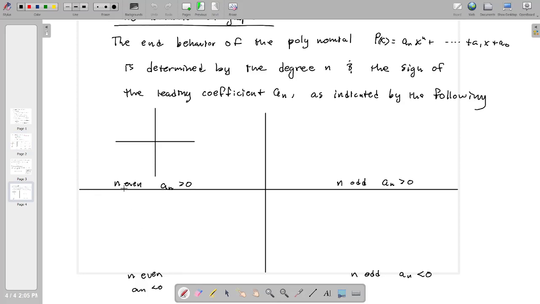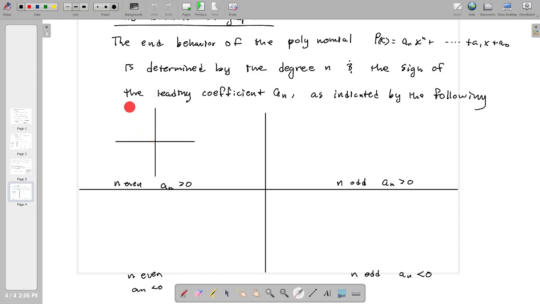So if n is even, and a sub n is positive, then this positive coefficient will not change the sign of the leading term. And n is even means that as x goes to infinity, our y is going to infinity because we would have a positive times a positive, and as x goes to negative infinity, we would have an even number of negative numbers multiplied together, which would give us a positive.